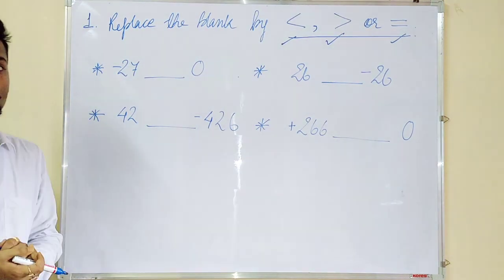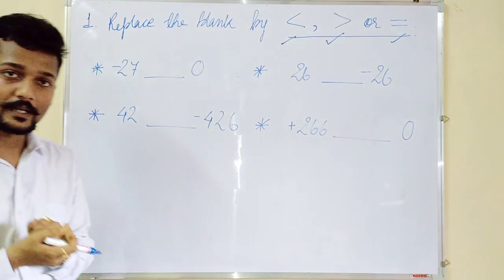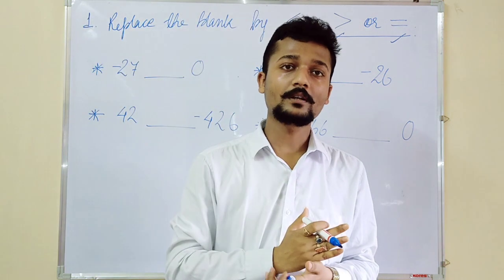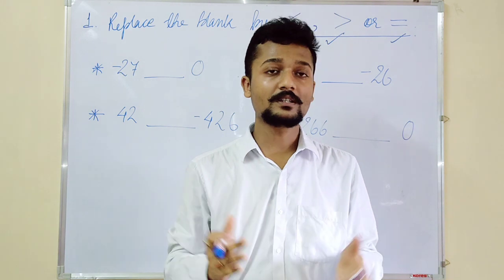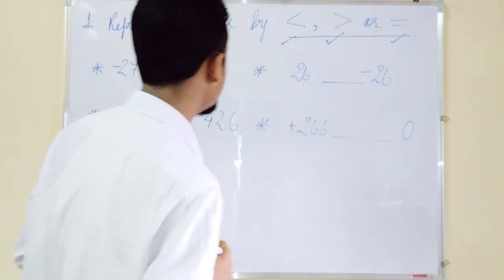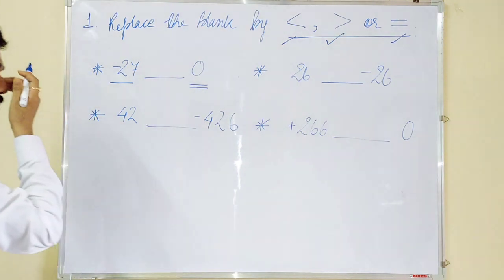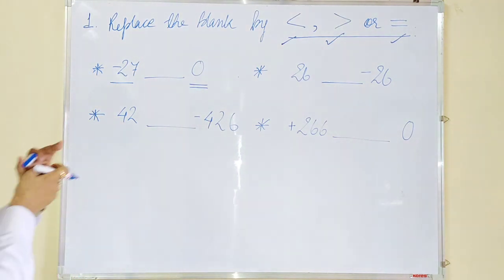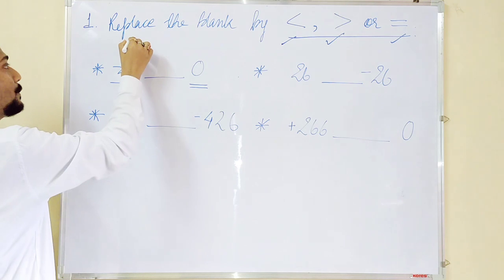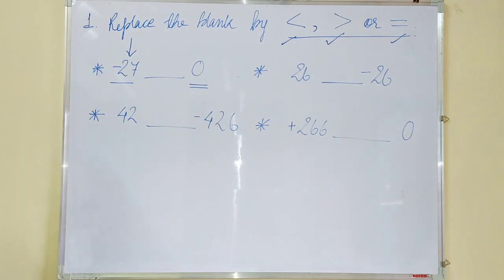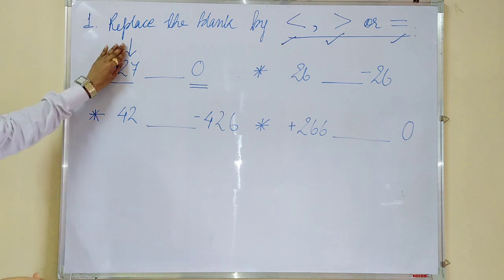So how are we going to put them? For that we need to understand which of the integers is greater or smaller, or which one is equal. So in the first question, what is given? Minus 27 and 0. Which one is greater? If we see the number 27, it is greater than 0.